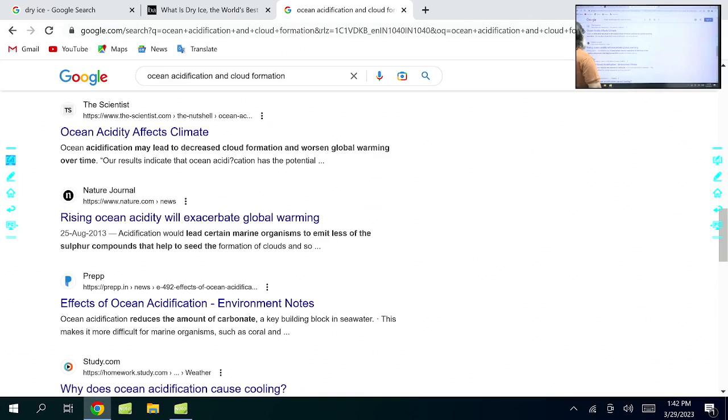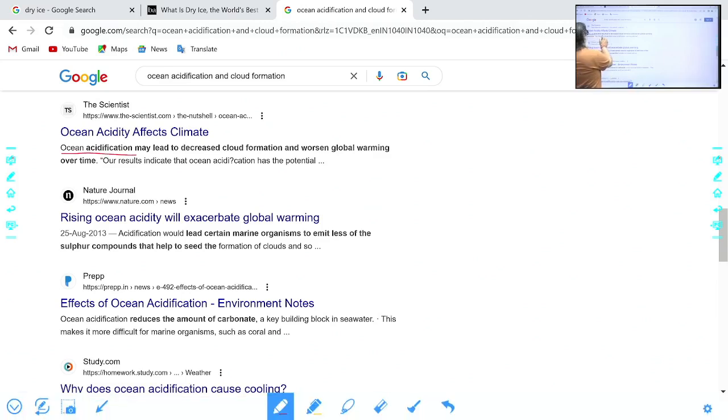Ocean acidification may lead to decreased cloud formation. It will affect the water cycle and worsen global warming over time. Now this is what the articles are saying.